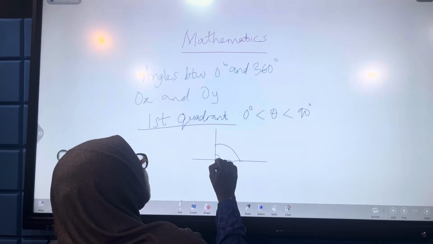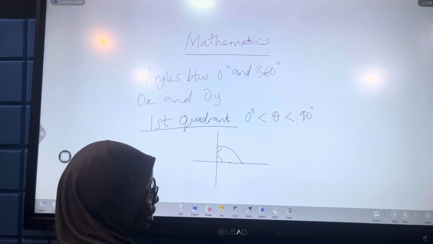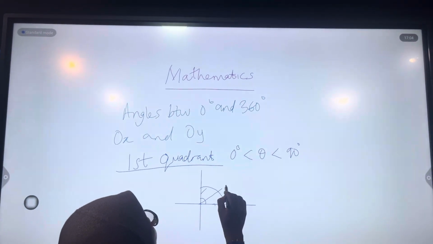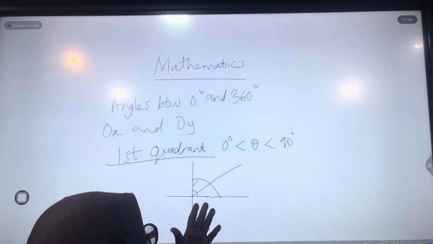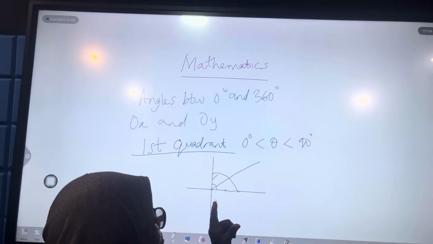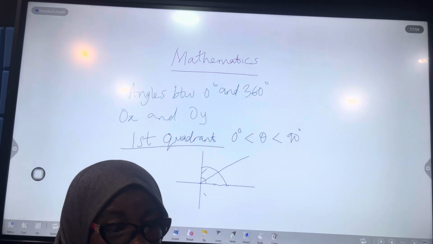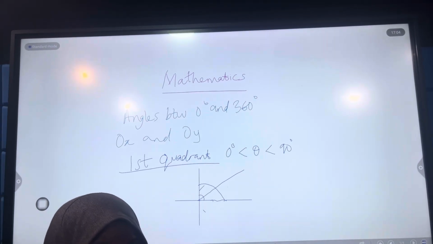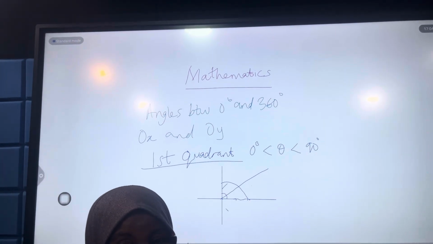From here to here is 90 degrees. You see that any angle that is still in the first quadrant has to be a positive number, whichever number moved from 0 to 90 degrees.